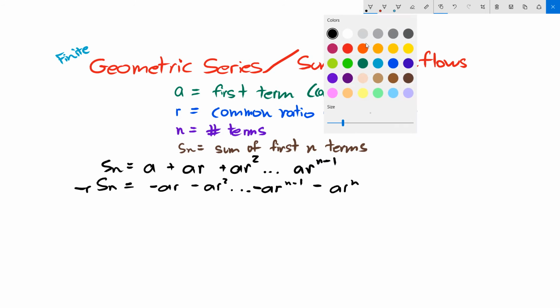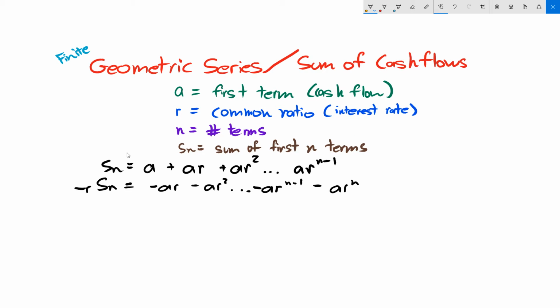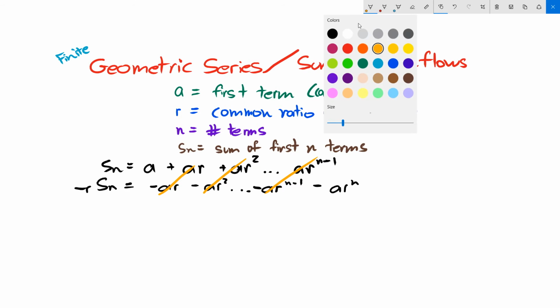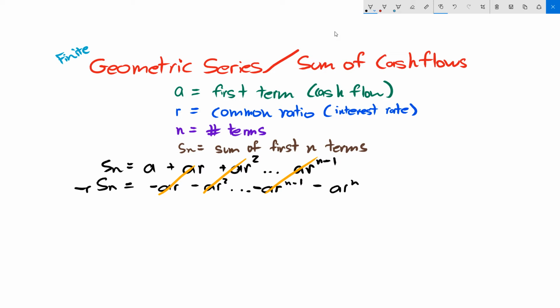So now that we've done that, what can we do with this information? Well, we can see there's some common terms here. We can cancel some of these out, and that's interesting. So what happens if we simplify this? Now what do we have? Well, we have S of n minus r s of n equals a minus a times r to the n, and we can simplify that even further.